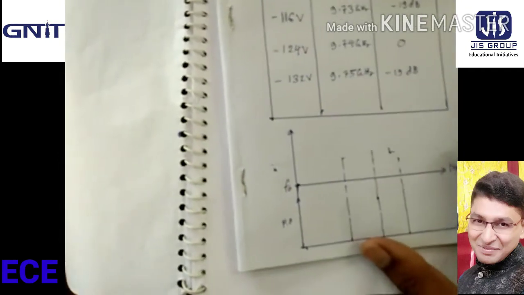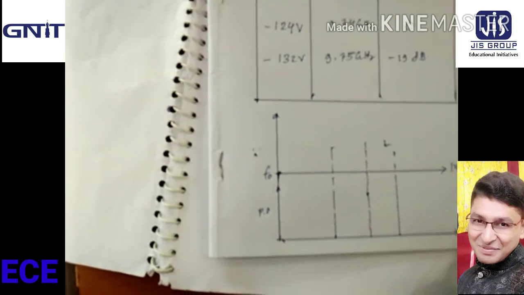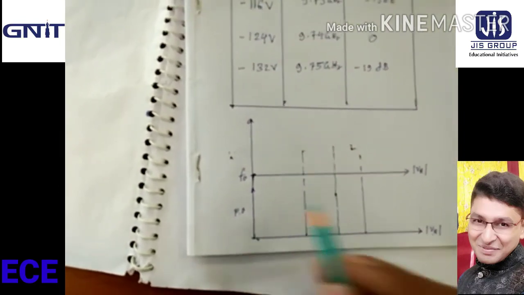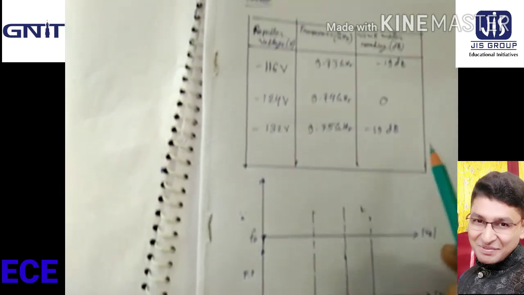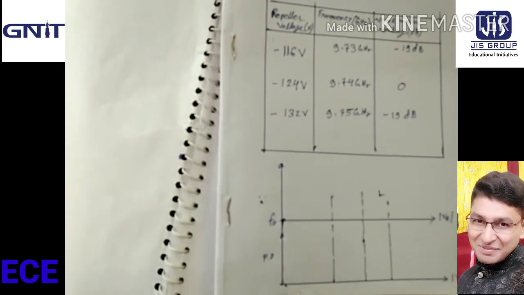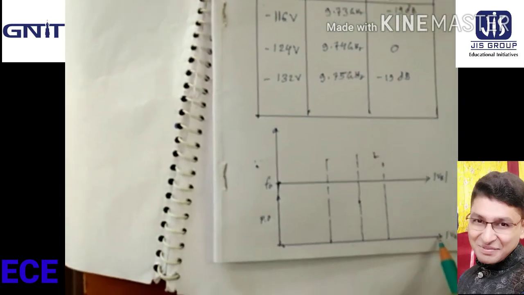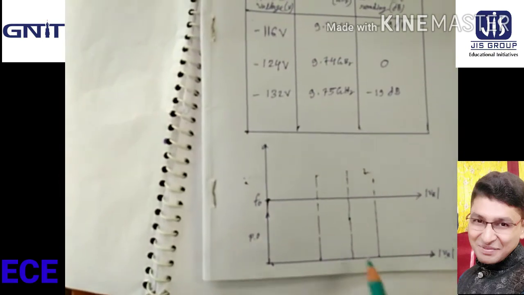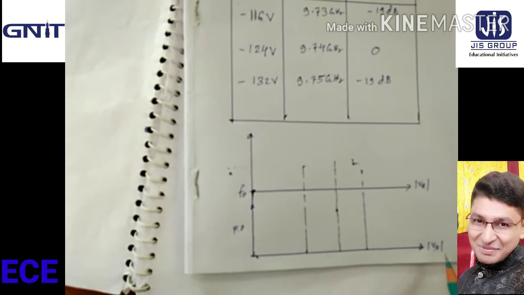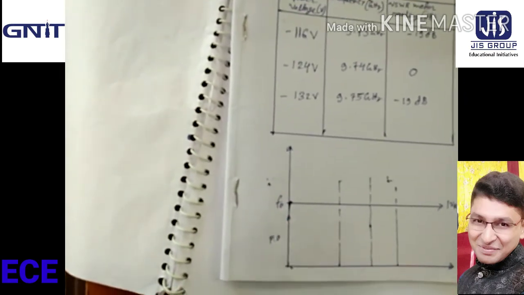Now plot the graph. One is the repeller voltage versus output power, and output power means the VSWR reading. So the x-axis is repeller voltage and the y-axis is power.